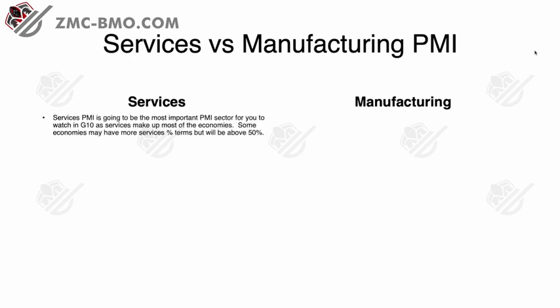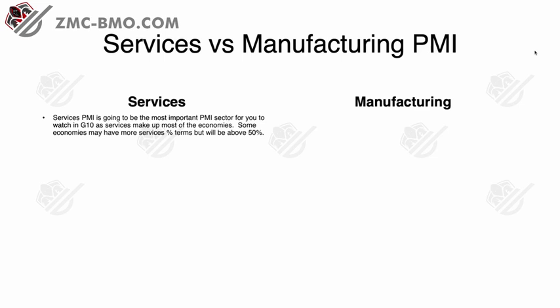Now, services PMI is going to be the most important PMI sector for you to watch in G10, as services make up most of the economies. Some economies may have more services in percentage terms, but will be above 50%. What I mean by that is the economy might be made up 55% services. Well, that's still a very large chunk of the economy.